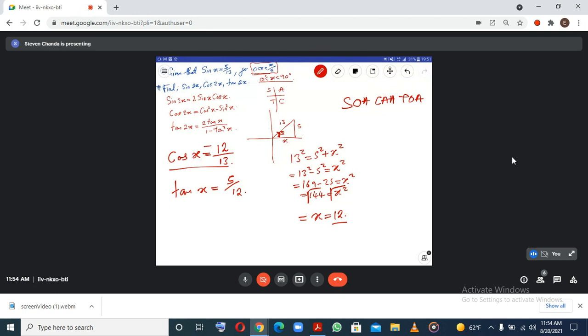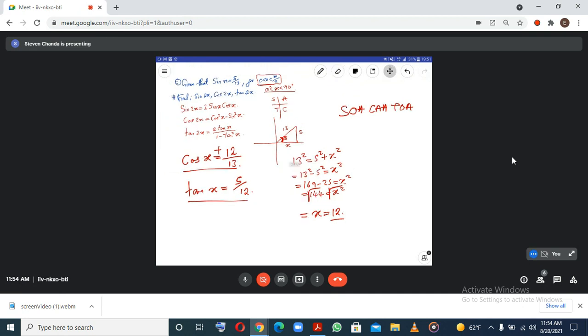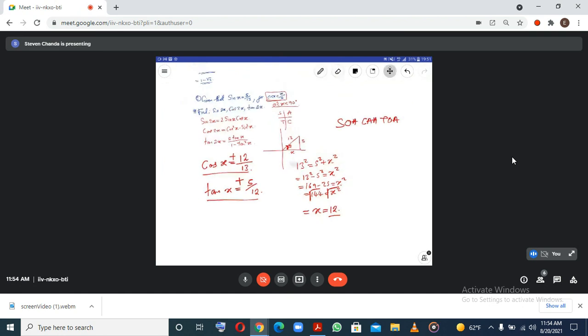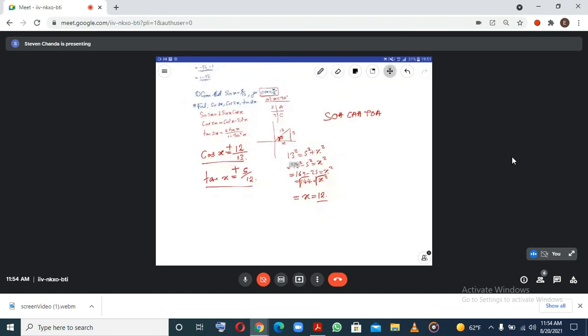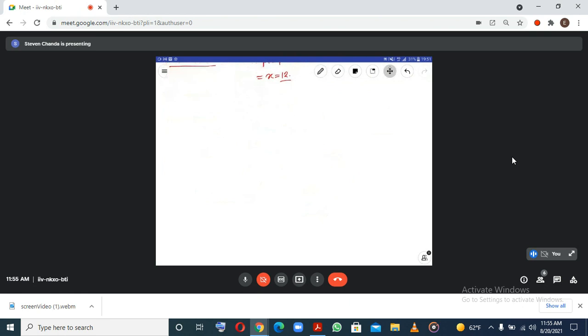Then what about tan? Is it going to be positive in the first quadrant? Yes, it's going to be positive. So these are very important because sometimes you see people forget these things and they get it wrong when they're supposed to get full marks, and it's really sad.